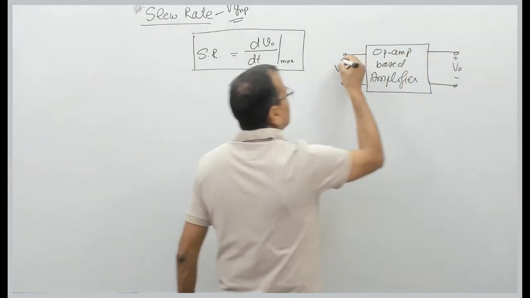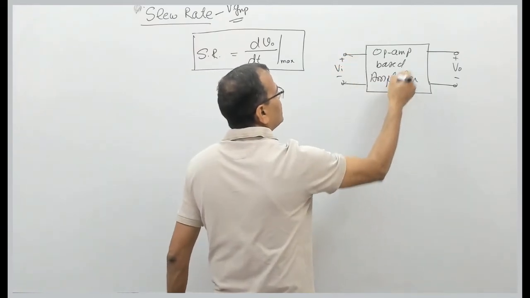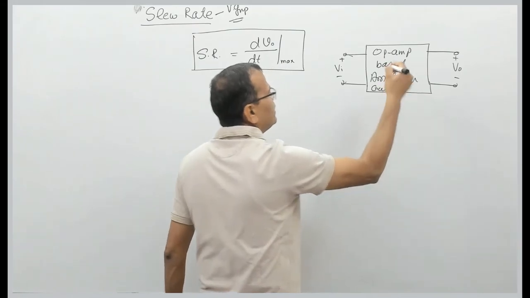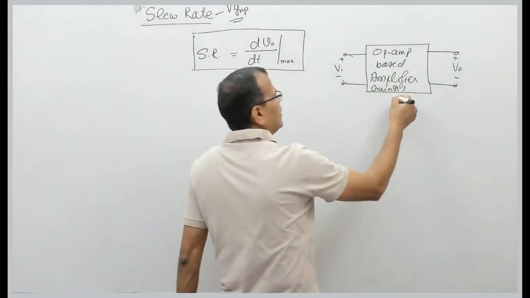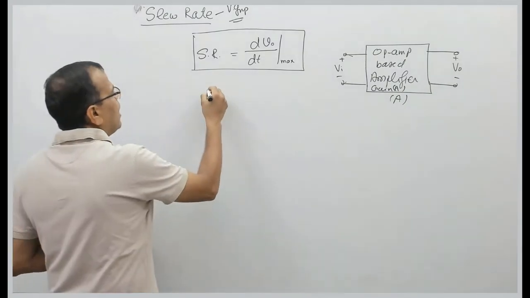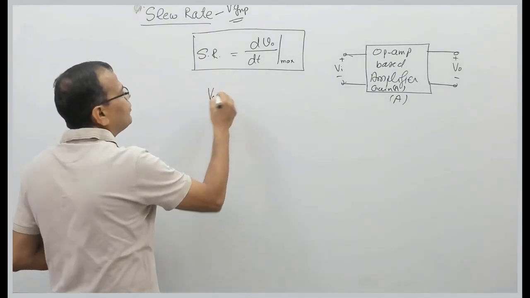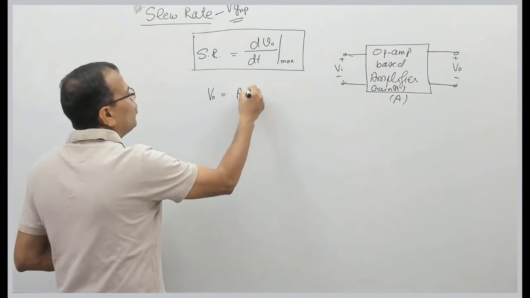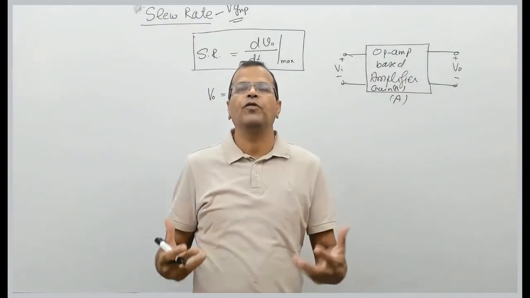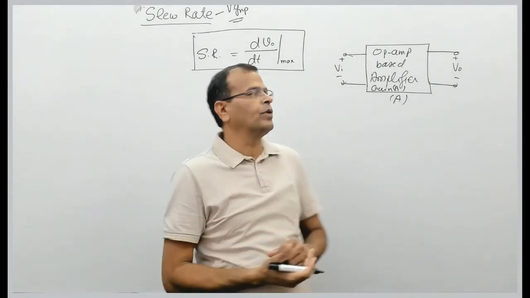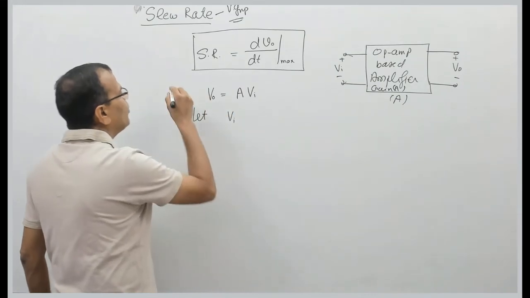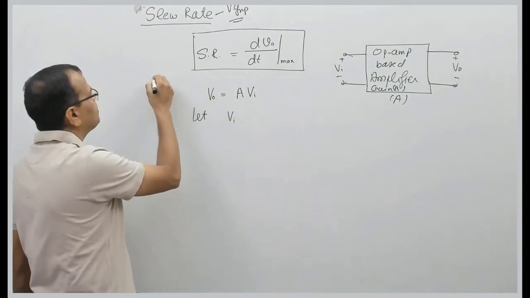Let the gain of this amplifier be A. So the output of this op-amp in terms of input will be A into Vi. Output of op-amp is gain into input.